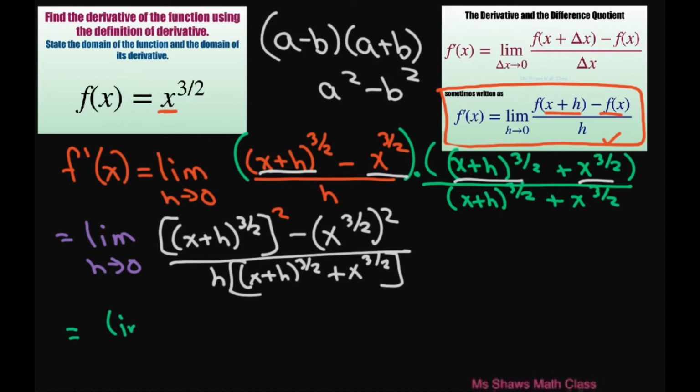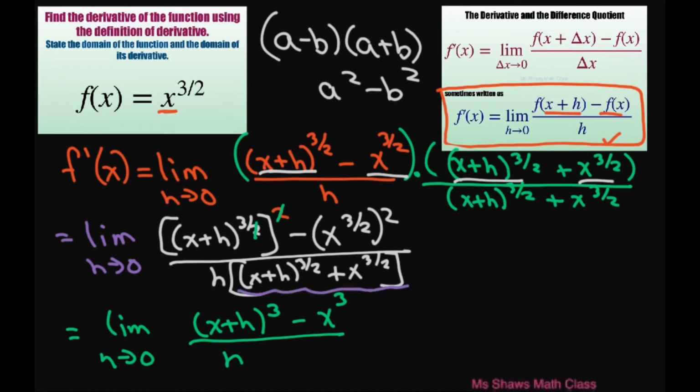We're going to get the limit as h approaches 0 of x plus h cubed, because these will cancel out, minus x cubed, divided by h, and I'm going to start calling this denominator d until I get this numerator fixed up. It'll save some time on the videos. Now let's go ahead and expand this.